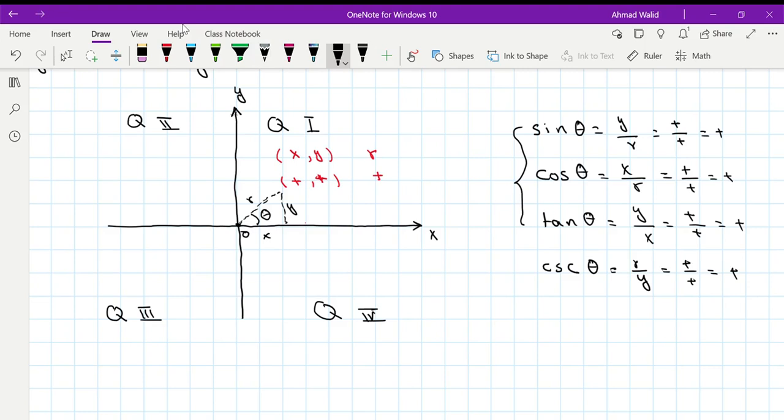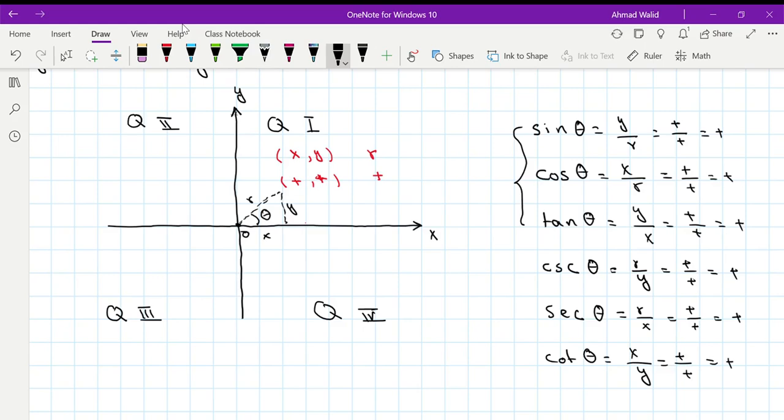Correct? Secant theta, because it's the reciprocal of cosine, means r over x. It means positive over positive. It gives you also positive. Cotangent theta, which is the reciprocal of tangent theta, means x over y. It's also positive over positive, which gives you positive.